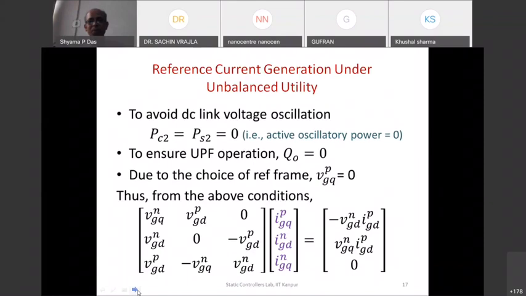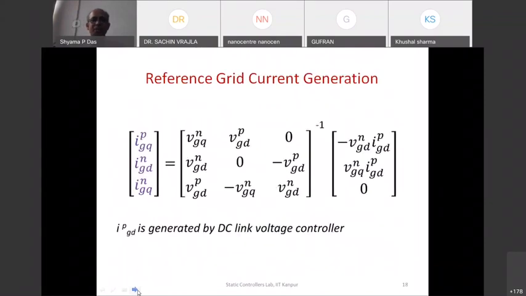Next slide, please. Yes. So from the previous equation, by just taking a matrix inversion, we will get these 3 currents, which are the grid reference currents. In a very general situation, the grid can be balanced or it can be unbalanced. If the grid is balanced, fine.